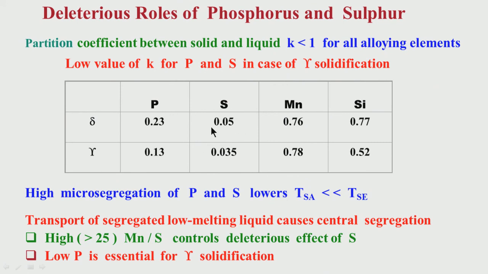Here the K values are low, and diffusivity is also relatively low. As I have discussed beforehand, when K values are low and the diffusivity of that particular element in solid is low, we have a high amount of segregation. So, phosphorus and sulfur are two elements which have small k and also small diffusivity, and that creates a very high amount of segregation. Thank you very much.